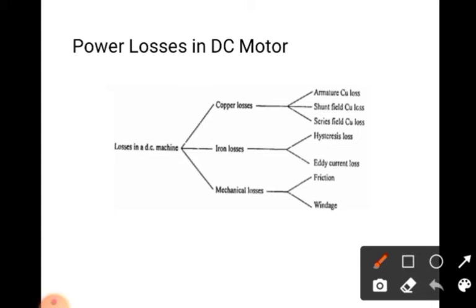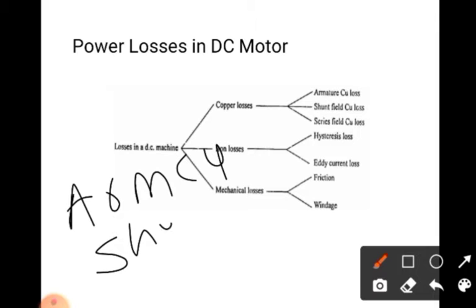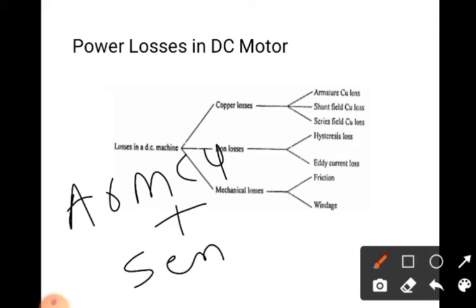In case of a shunt motor, armature copper loss and shunt field copper loss will take place. In case of a series motor, armature copper loss plus series field copper loss will take place.